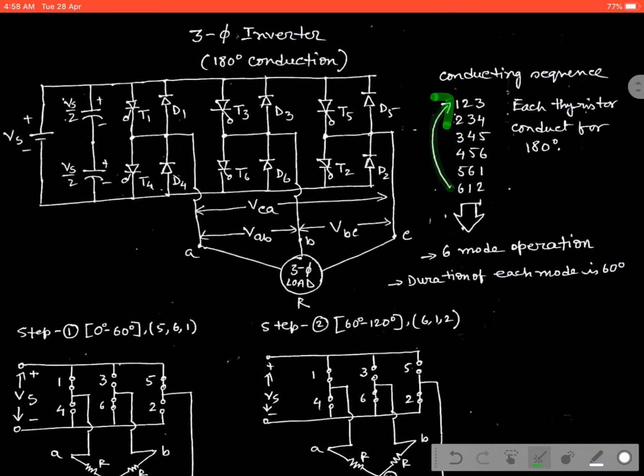Now see, it has 6 modes of operation, 1, 2, 3, 4, 5, 6, and in each mode of operation the duration is 60 degrees.